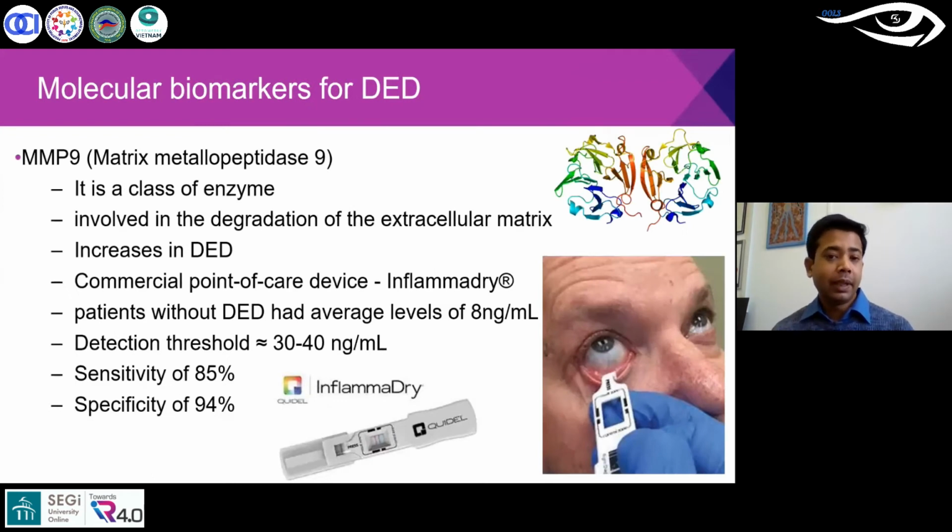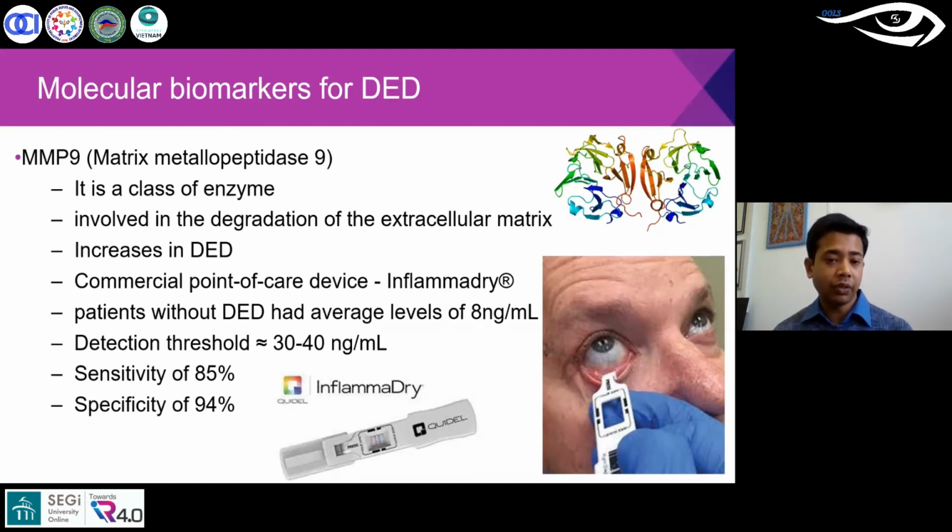As we dig deeper with some of the other biomarkers, next is MMP9, or matrix metallopeptidase 9. It has been known for more than a decade now that there's upregulation, which means increased concentration, when dry eye happens, and it is regularly seen in research.